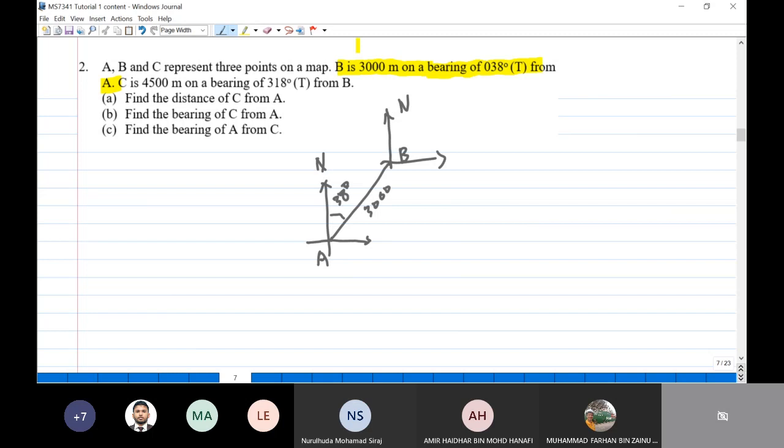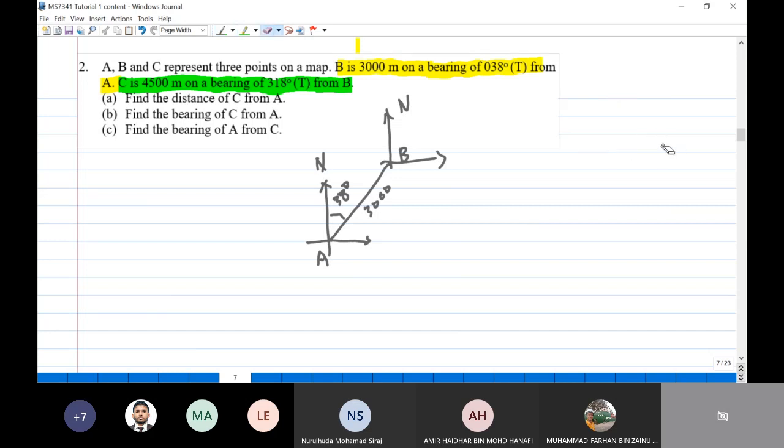Okay, then it tells you where C is. C is 4,500 meters away on a bearing of 318 from B. You may not be sure how 318 looks, so let's draw a picture separately. This is B now.